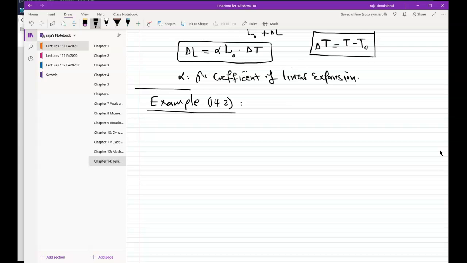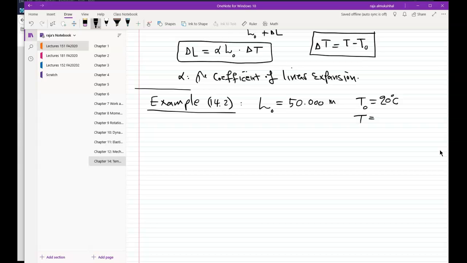So here, what's given to us is that the original length of the steel tape is 50.000 meters. Again, those three triple zeros are just significant figures. And then he says the original temperature, T naught, is 20 degrees Celsius. And he said the new temperature is, what is it, 35?